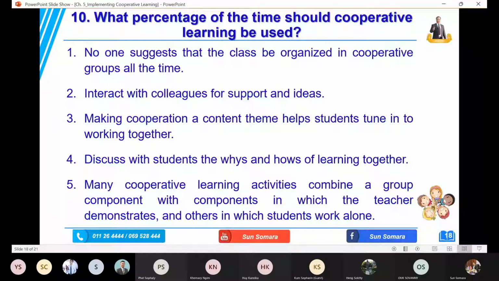And after they have observed, they need to come together and discuss the strong points they found in the class, as well as the points to be improved.